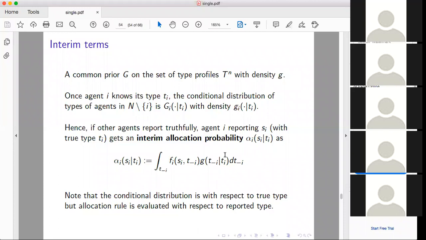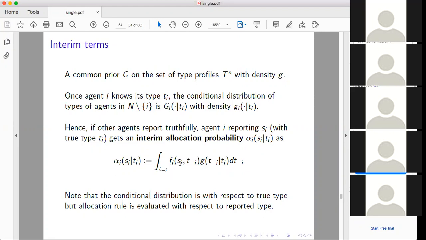And hence, the probability with which this event will occur is small g of T minus i given my type is Ti. This is the probability with which others have type T minus i if I have Ti. And hence, with this probability, I will get f_i(Si, T minus i) as my allocation probability.